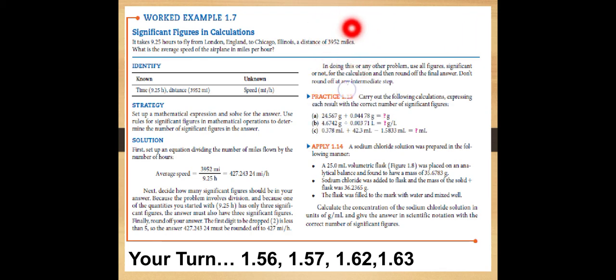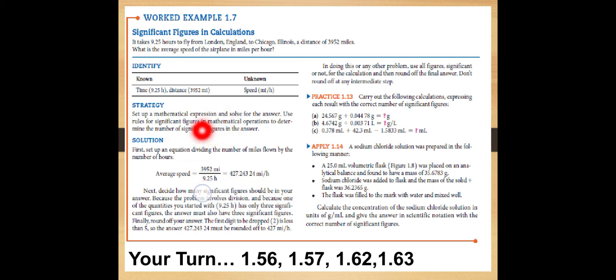Distance is in miles. We put that distance in the numerator and the time in the denominator, and then we divide, and our answer must be in three significant figures, because we already know that in multiplication or division we have to look at the least significant figures among the original numbers.